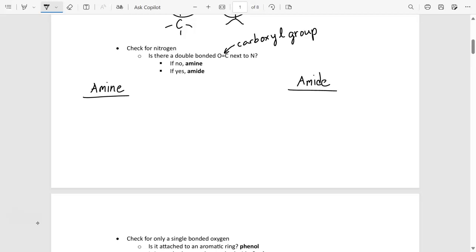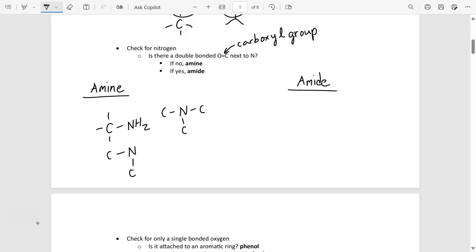So some examples of amines that do not have that carboxyl group would be if we had a carbon attached to anything other than a double bonded oxygen, and we have an NH2. Okay, we could also have that nitrogen attached to 2 carbons that are then attached to anything else, or we could have that nitrogen attached to 3 carbons. No more than 3, because nitrogen doesn't like any more than 3 bonds. Okay, and then of course those carbons could be shown in a skeletal form.